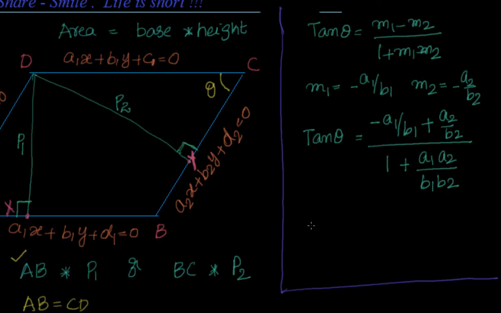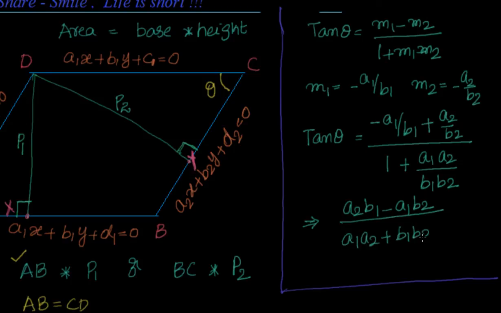So tan theta equals a2 by b2 minus a1 by b1, which is a2 b1 minus a1 b2 divided by a1 a2 plus b1 b2.